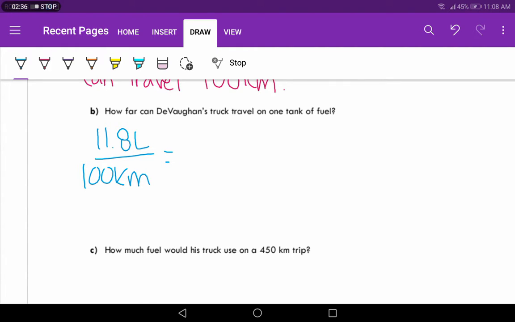We know that his tank is 76 liters, so that's how many liters of gas he can fit in it. And we need to figure out how many kilometers he can go with that 76 liters. So this is just a simple equation that we need to solve. Okay, it's always going to be set up like this with liters on top of kilometers. So all we have to do is solve for x.